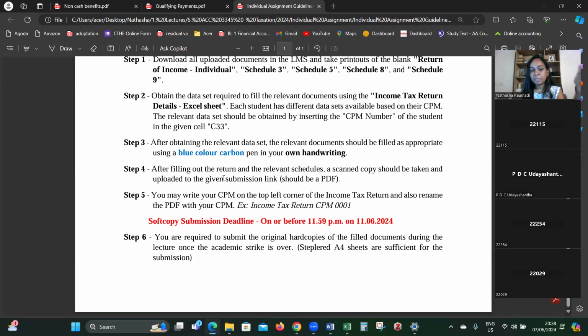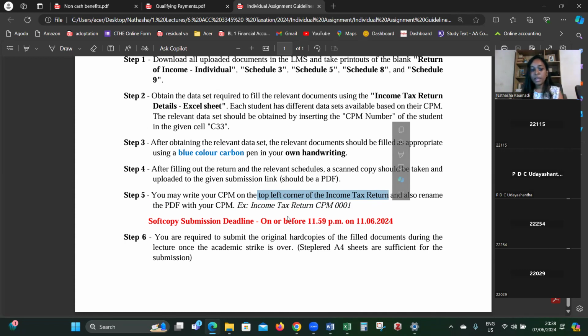I have given the submission link as well. When you are uploading the PDF, make sure you write your CPM number on the top left corner of the income tax return, because we don't have any other number. Maybe write it on the schedules as well, and then merge all of them together as one PDF.